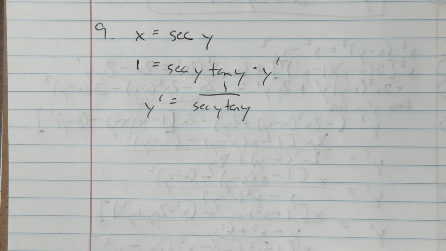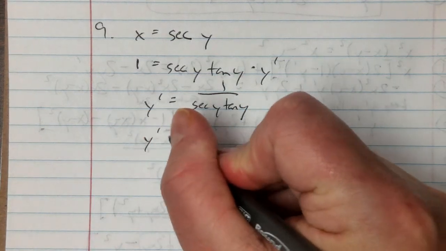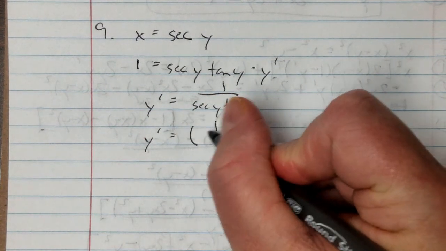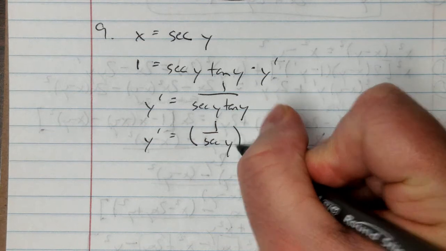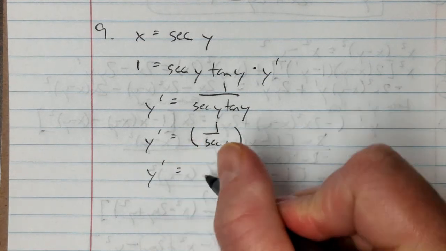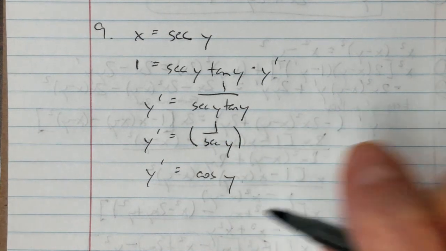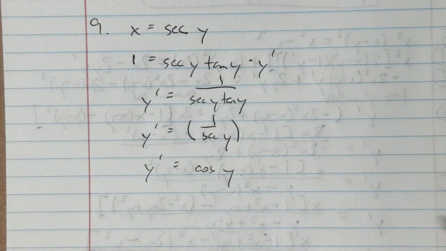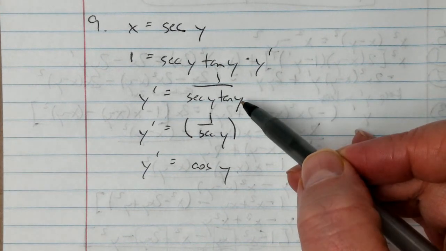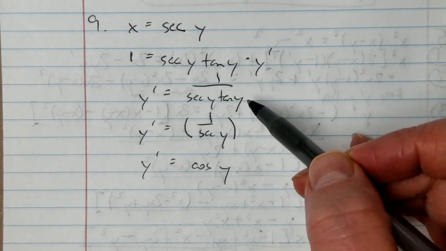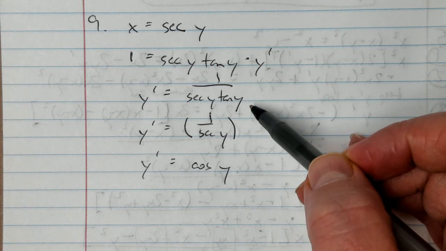So this is where it'd be really good for you to remember your trig identities. 1 over secant y is the same as cosine y. And 1 over tan would be cotan.